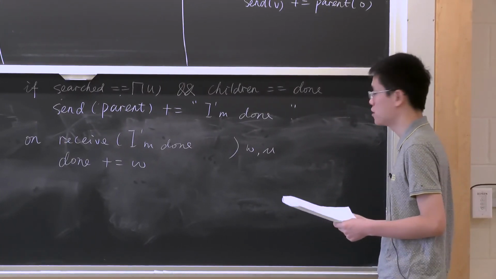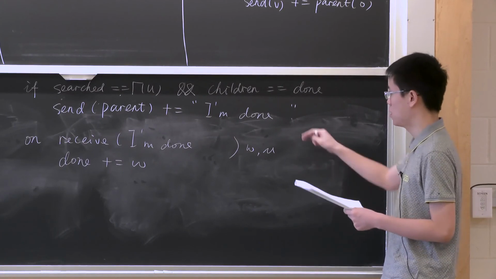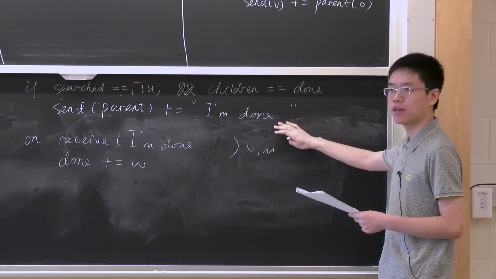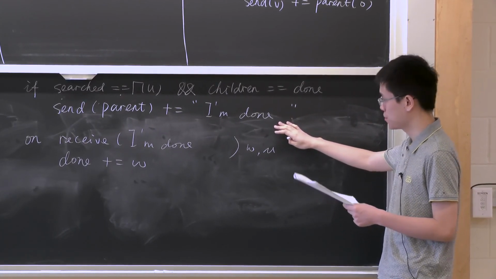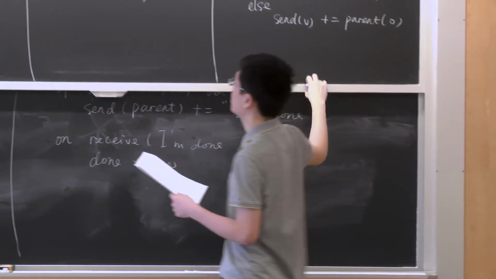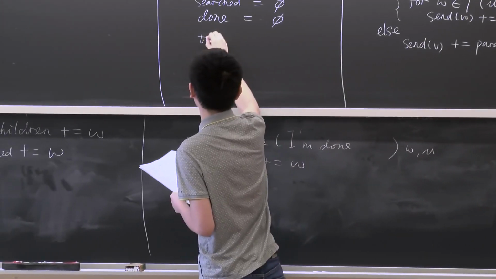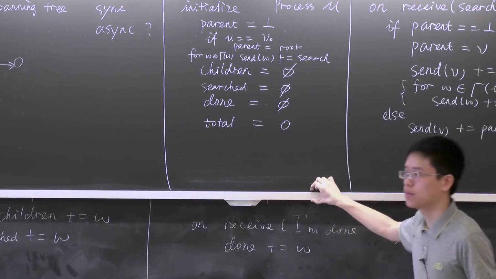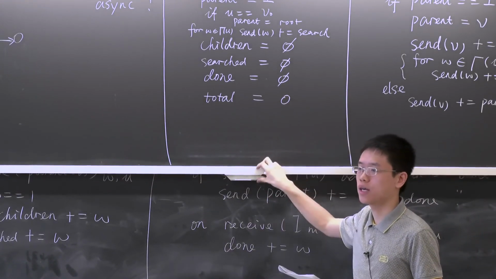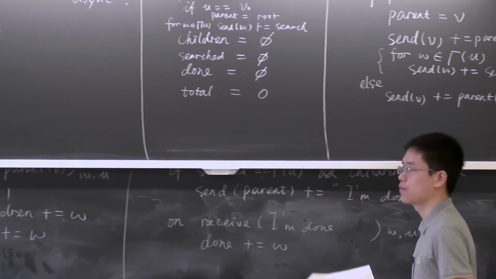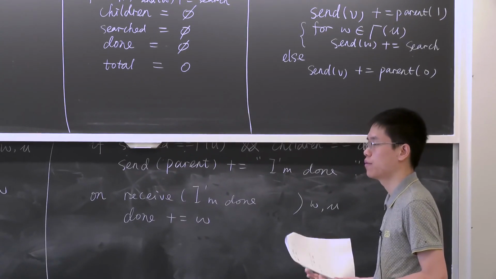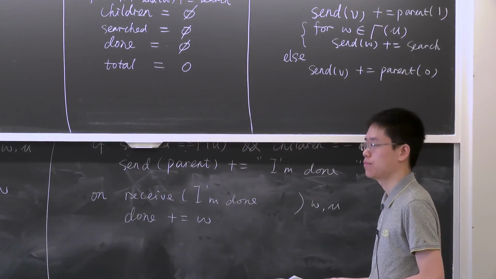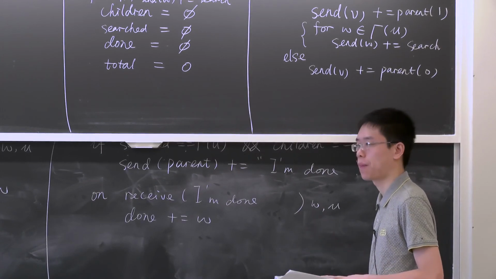But that's a small modification. We're just going to include that number in the I'm done signal. So then I need to define another variable called total that's initialized to 0. This variable will track how many nodes I have in my subtree, including me and all my children.